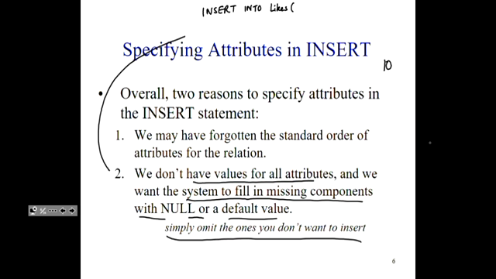Okay, so I can do likes and list only the person attribute, and then values, and list maybe Bob. Okay, so Bob gets inserted into likes. Maybe Bob gets inserted with null as the default value for the beer.